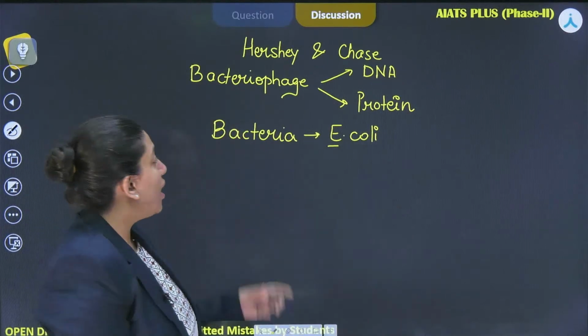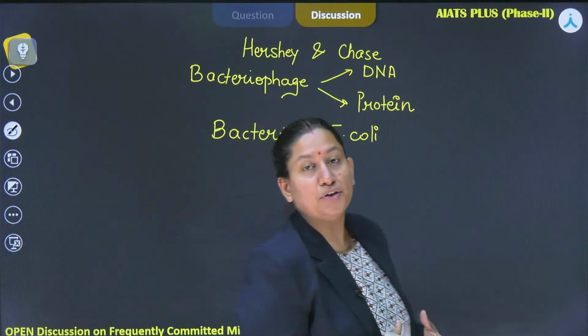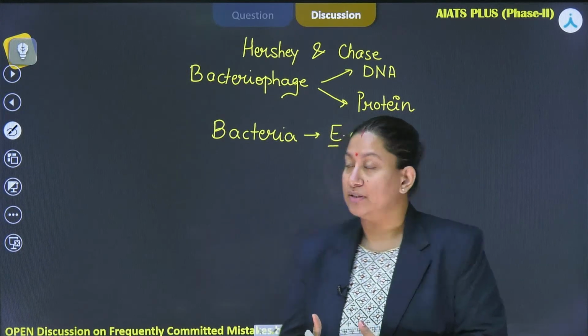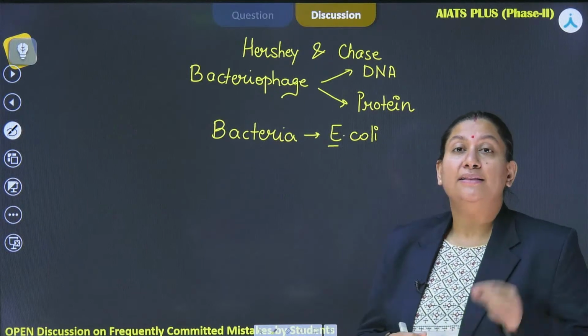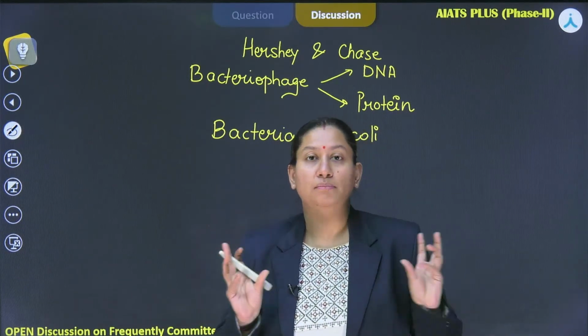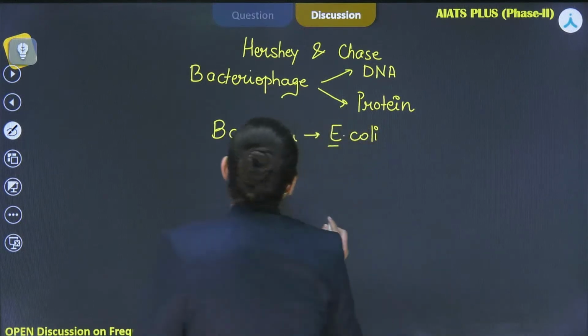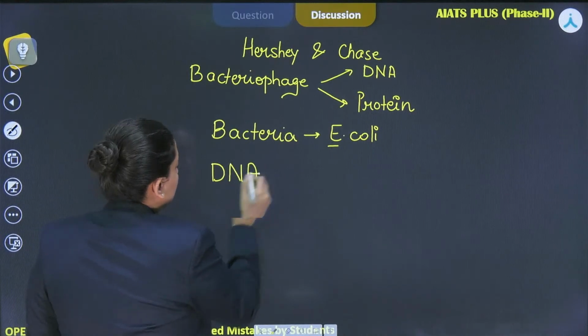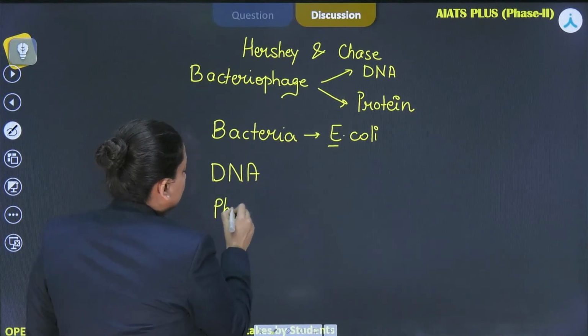right? Now, how they are going to analyze this particular thing, that whether the DNA is the genetic material or protein is the genetic material. In order to do so, they have chosen the elements that are specific to these two macromolecules, right? Biomacromolecules. So we know for a fact that in DNA, phosphorus is unique, right?